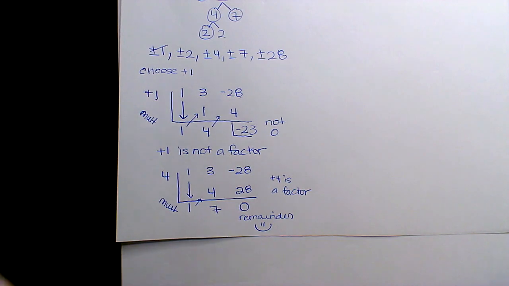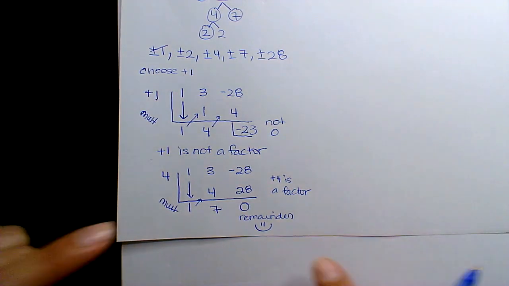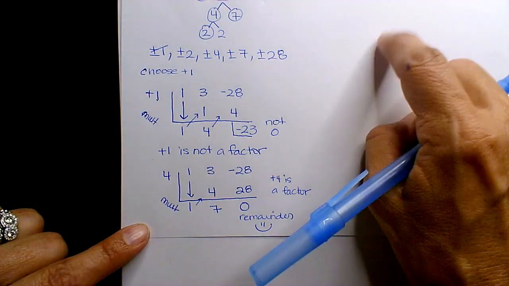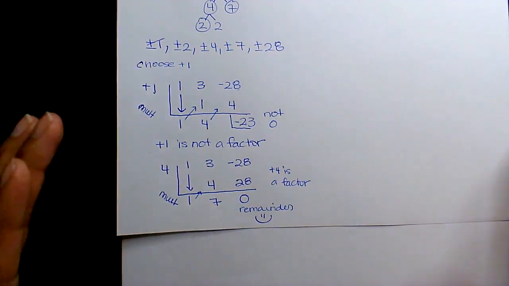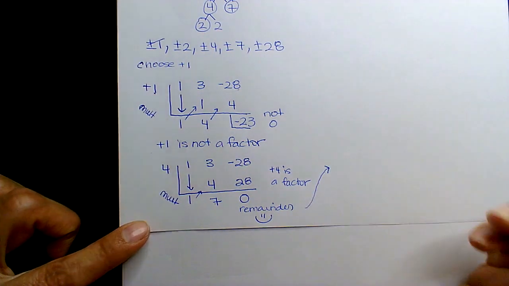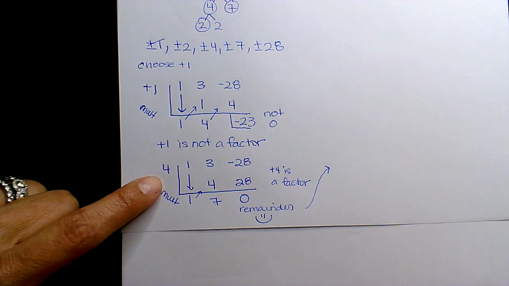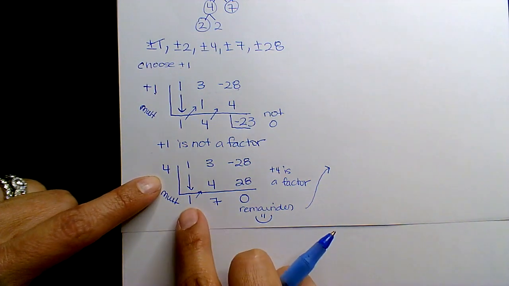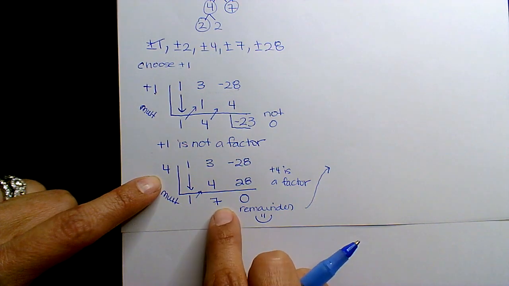All right, so how does that write now? I have very little space here. I'm trying to figure out where to put it, because now that I know, I'll put this one on another sheet of paper. Let's take it over here. 4 is a factor. So what do you have here? You have this quotient left over.